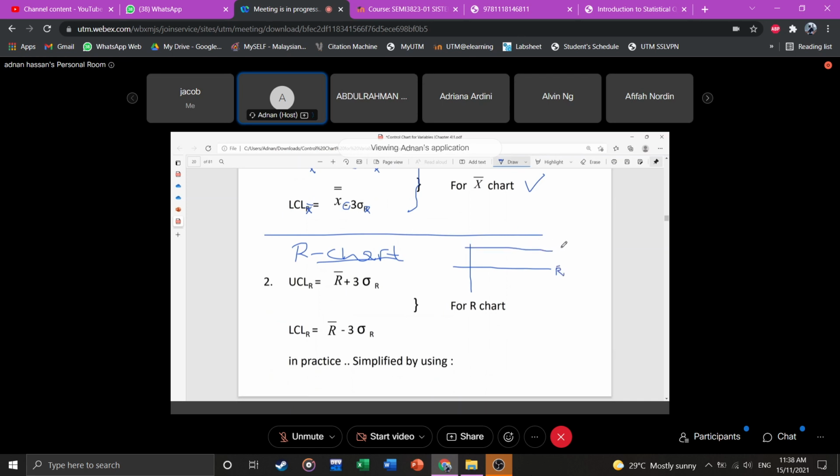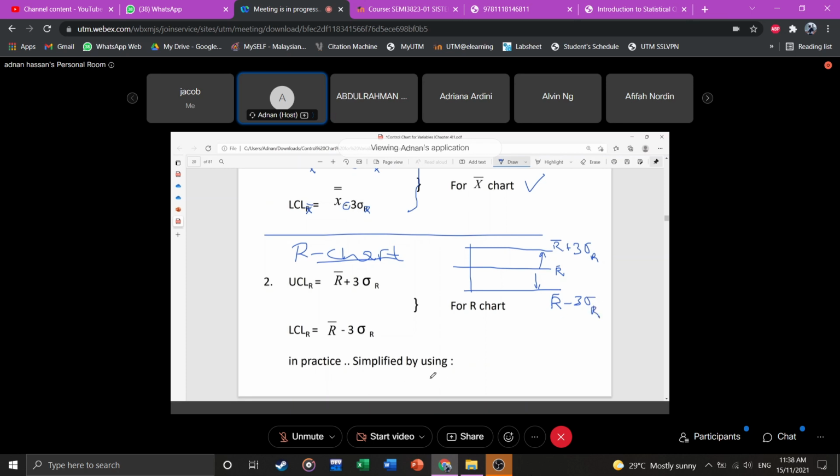The upper control limit is R bar plus 3 sigma R. This is the upper control limit for R. For the lower control limit, you're going to have just the opposite of it, which is minus here.